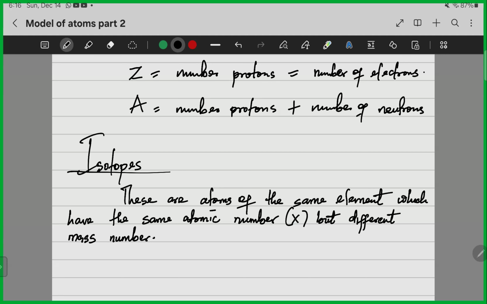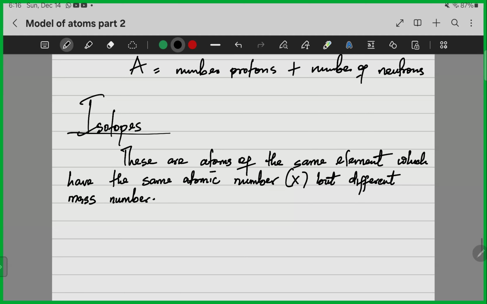These are atoms of the same element which have the same atomic number but different mass number.